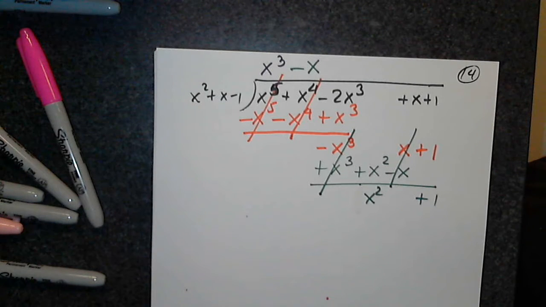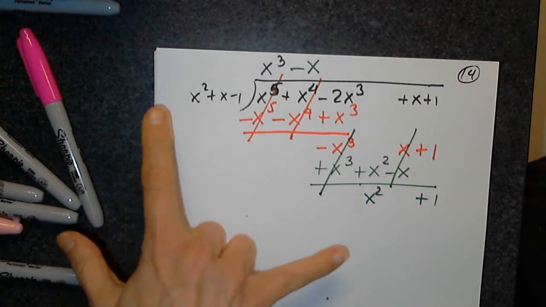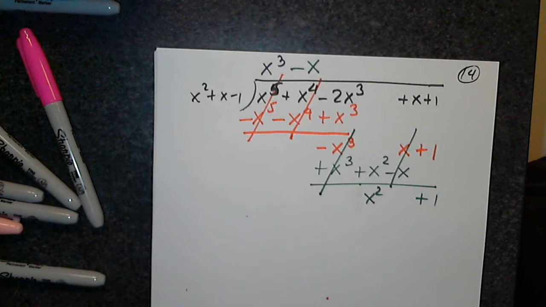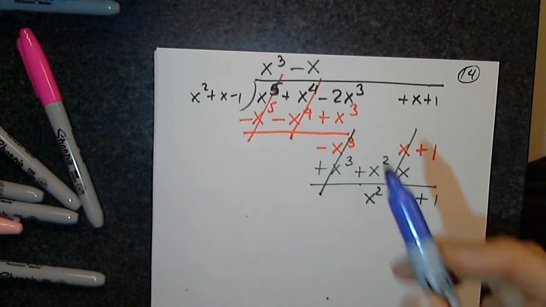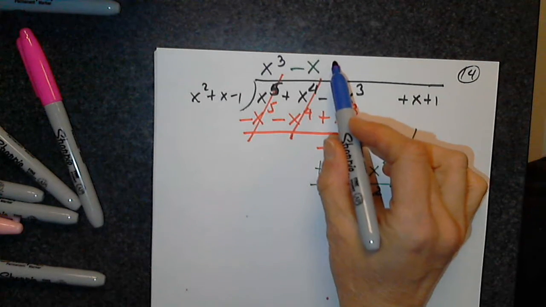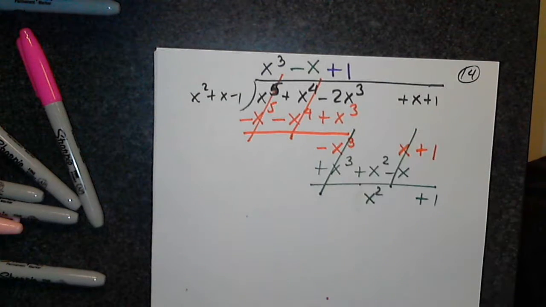Okay, final question. How do I know it's a final question? Because these 2 have the same degree. It must be the final question. X squared multiplied by what is x squared? 1. I need sign and number. Positive. If I don't write positive, then I can distribute. So 1 times x squared is positive x squared.